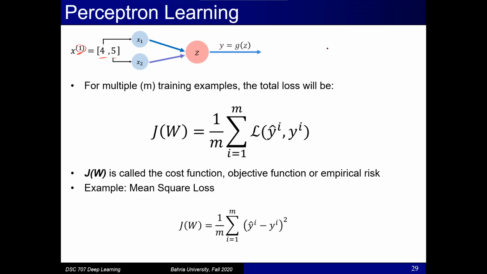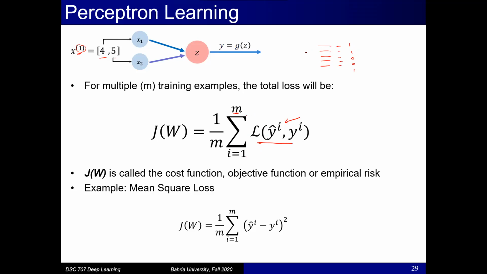Maybe I will have many training examples, not just one, and for each training example, I will have a label: 1, 1, 0, 0, 1, pass, fail, and so on. So when you are computing the loss, you need to compute the loss over all the training examples, right? If I have m training examples, I compute the loss for the first training example, then second, then third. So this i that you see here is going from 1 to m.